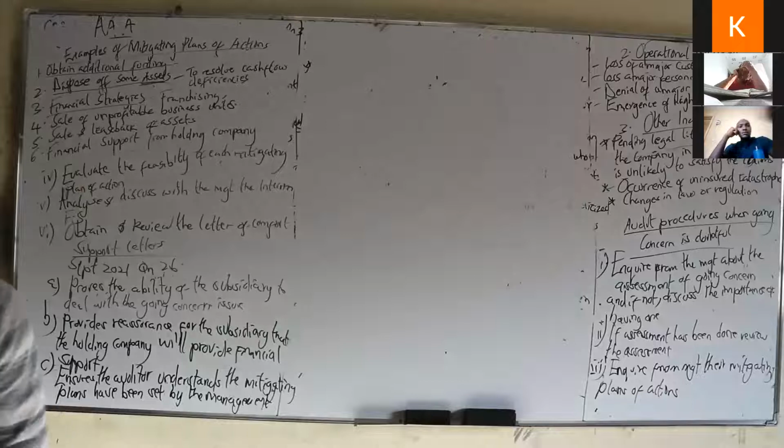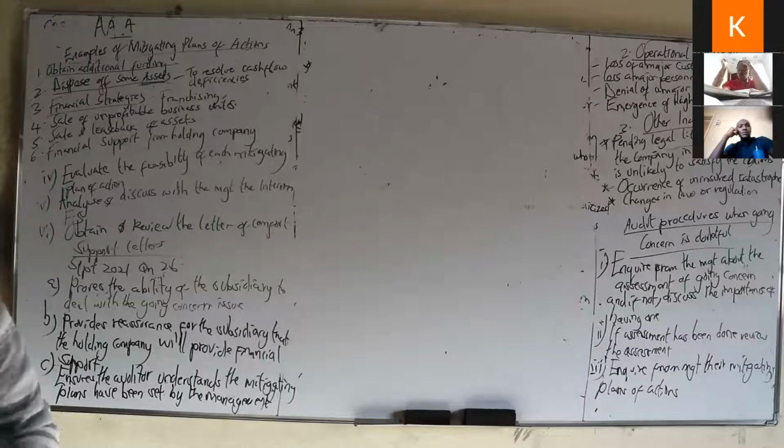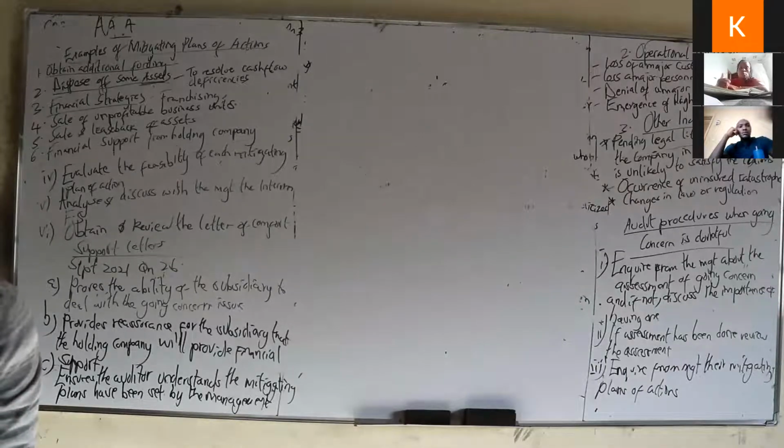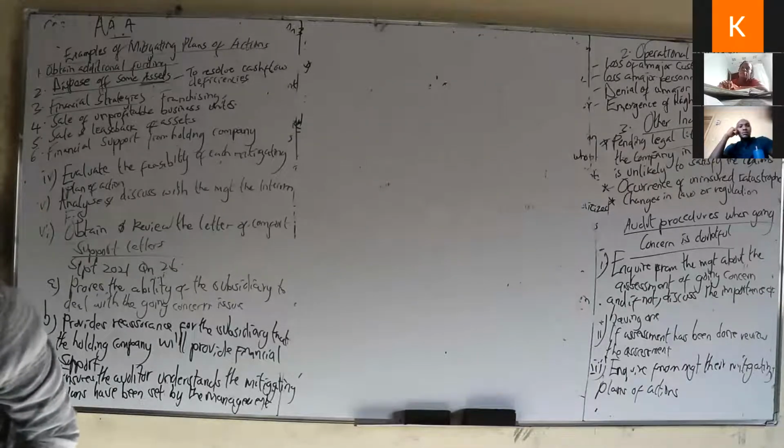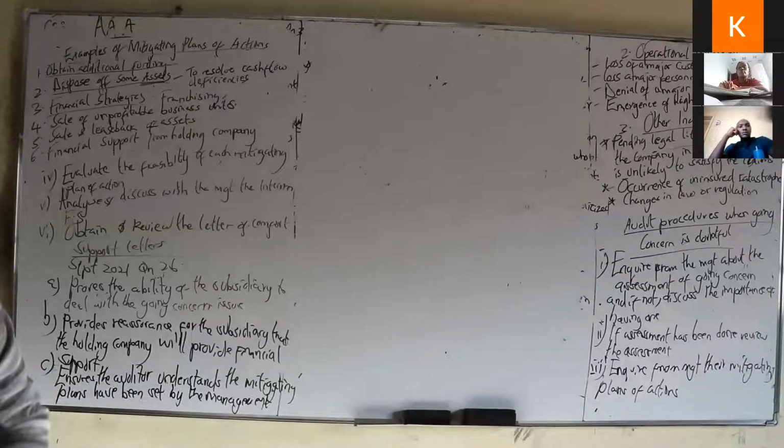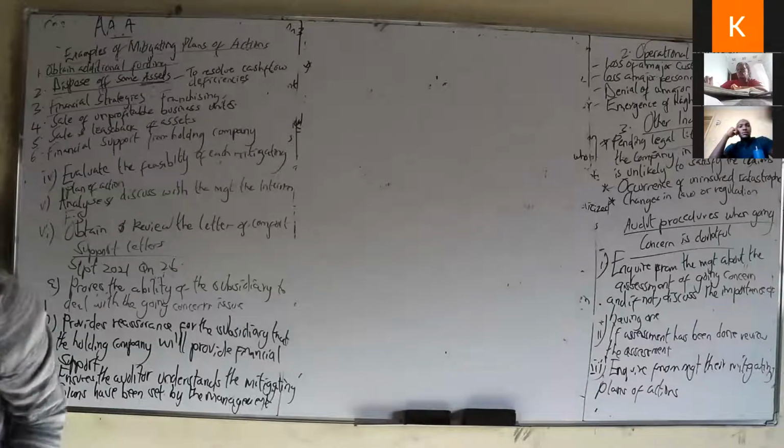And then also it is to be issued for a limited period, for which the subsidiary is to recover from the financial distress. So that is on the support letters, or the comfort letters.